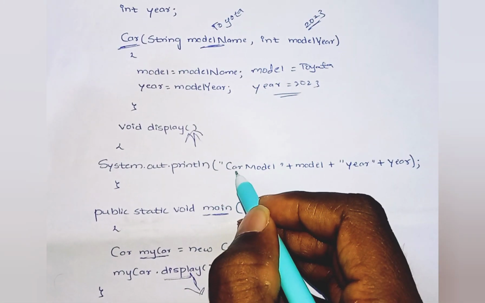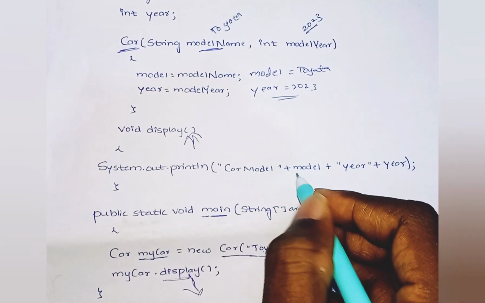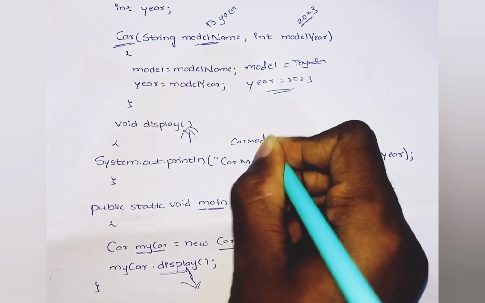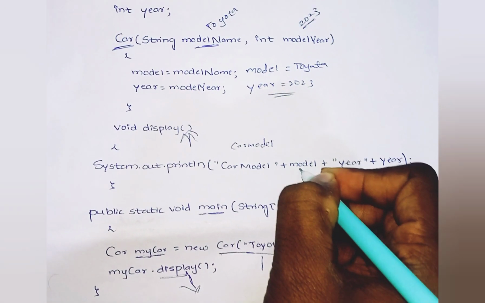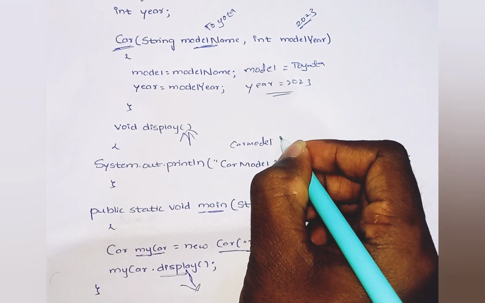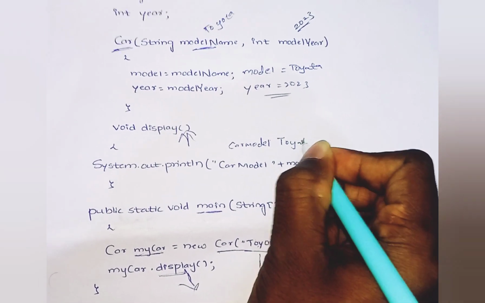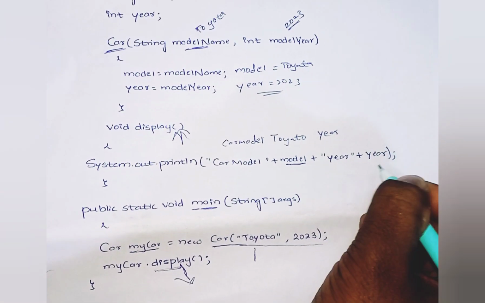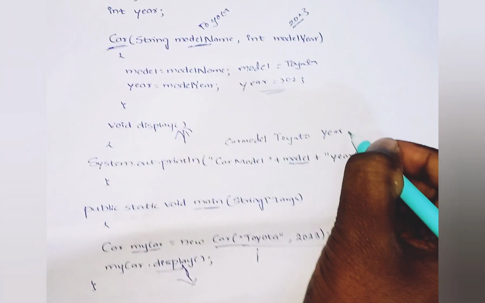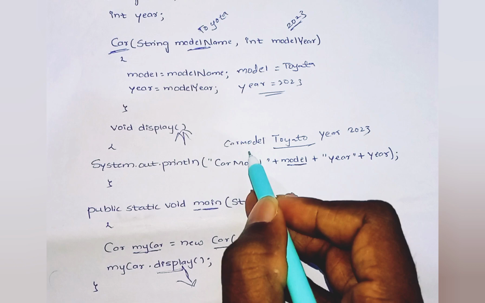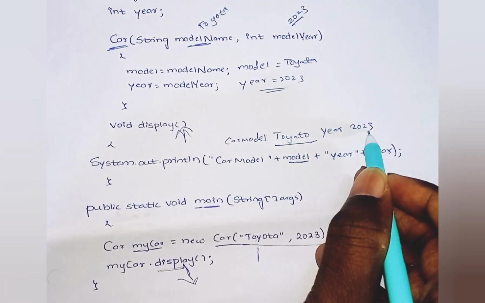What you are printing here is car model. The model value is Toyota, and the year value is 2023. So you get the output: car model Toyota year 2023.